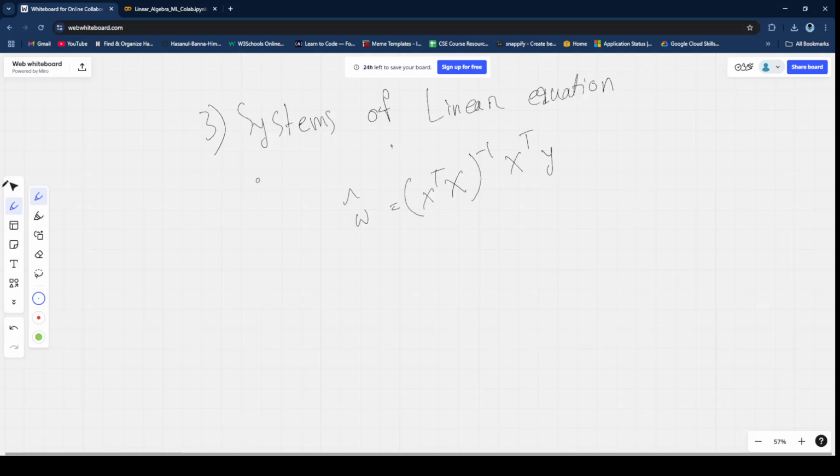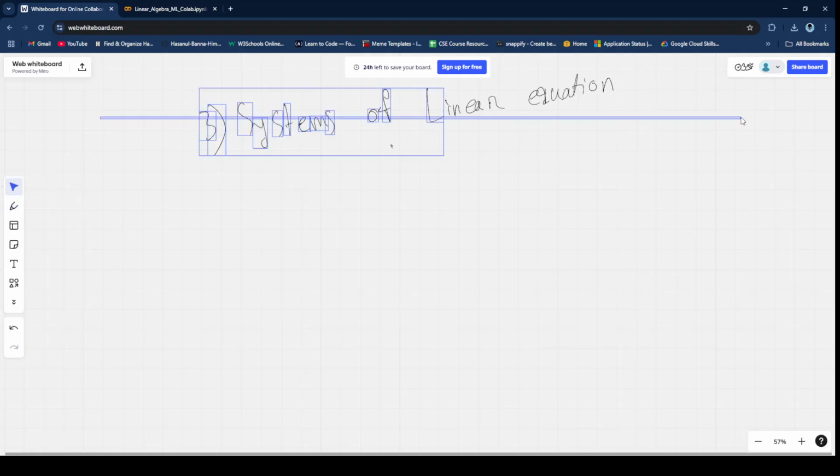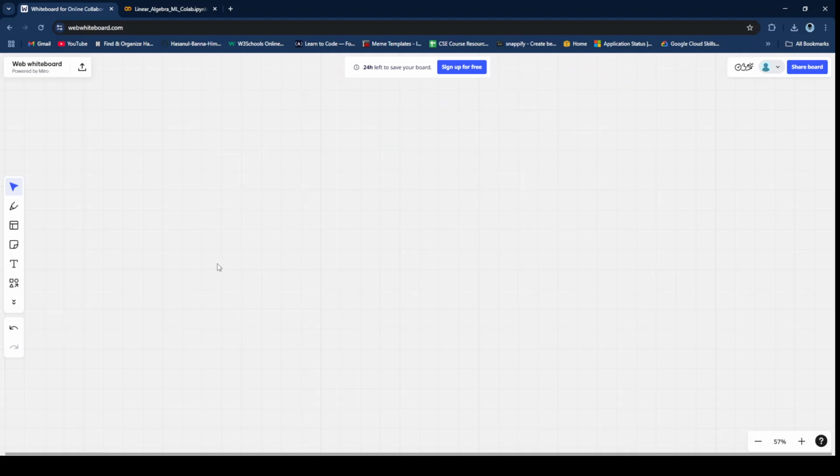Now if we want to look at the eigenvalues and eigenvectors, if we want to cover our final concepts, the eigenvalues and our eigenvectors. For this, let's say what is an eigenvalue and an eigenvector.